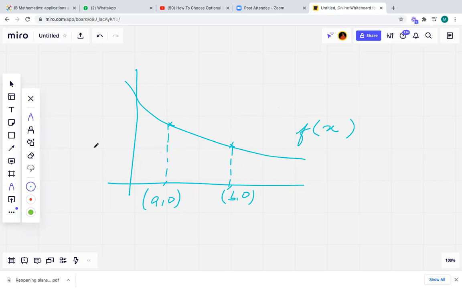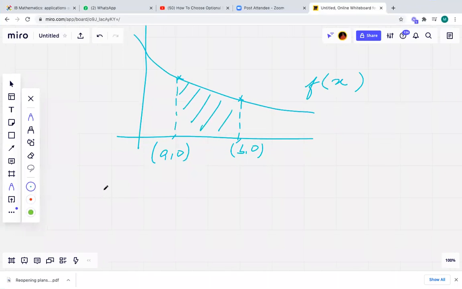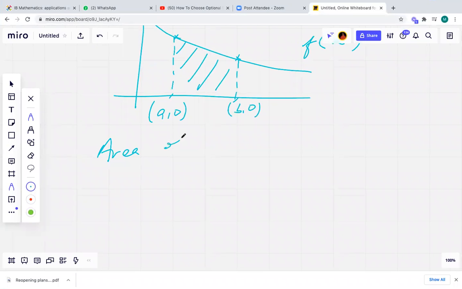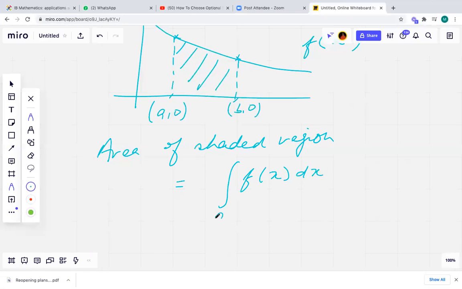So this area A, the area of the shaded region, is equal to integral, what's the answer? Integral f of x dx from x equal to a to x equal to b. Correct? Yeah, we have done this.